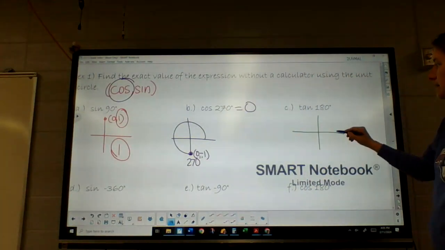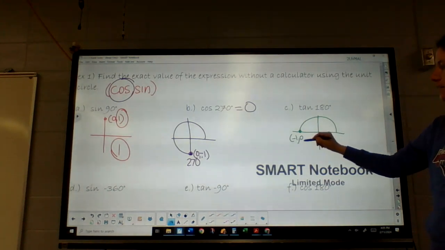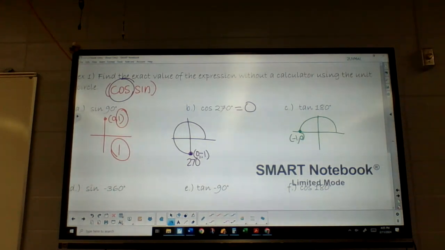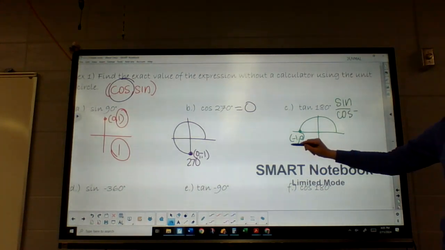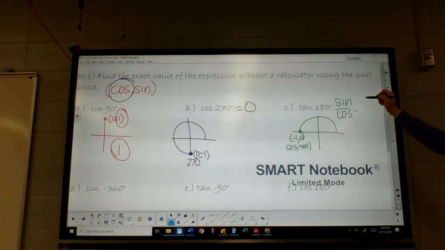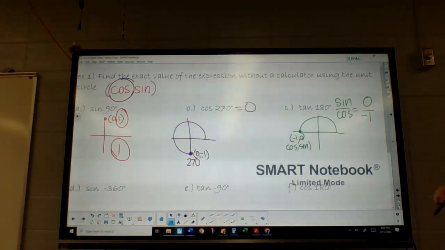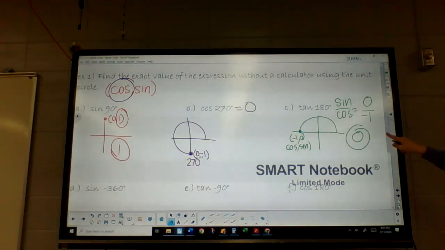Tangent of 180, we're going here. So that is -1, 0, and again, it's where I am in the coordinate system. And it's sine over cosine. So this is cosine, this is sine. So we're doing 0 over -1. So we get just 0 for the tangent of 180.